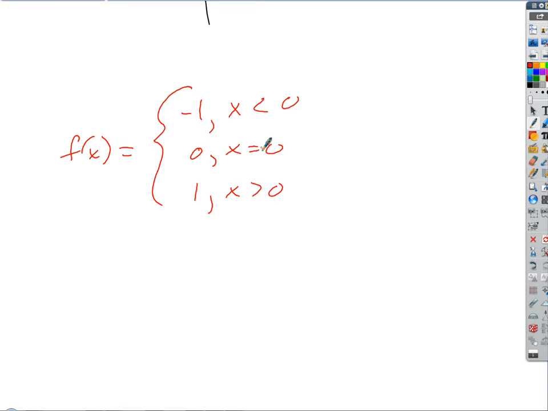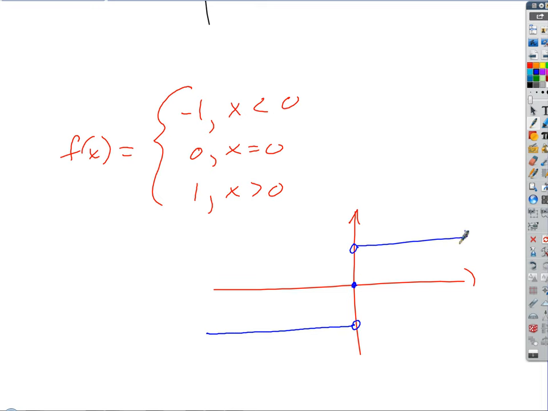Okay. Does everybody understand? If I put something like that up here, you know how to interpret that? Okay, so if I were to graph this thing, it would just look like this, right? Does that make sense? Okay, good.